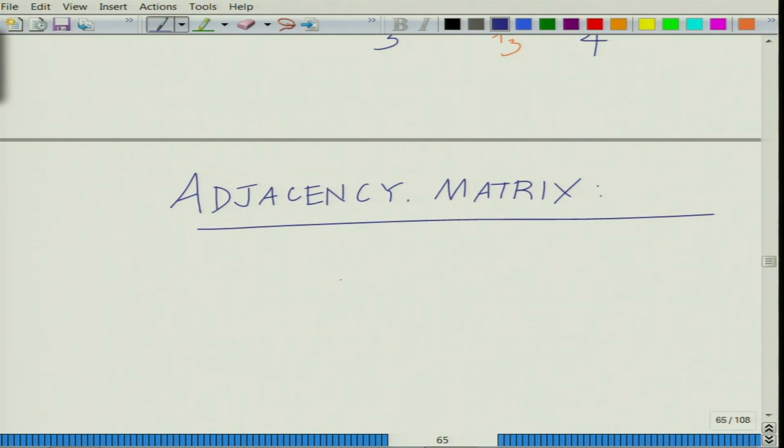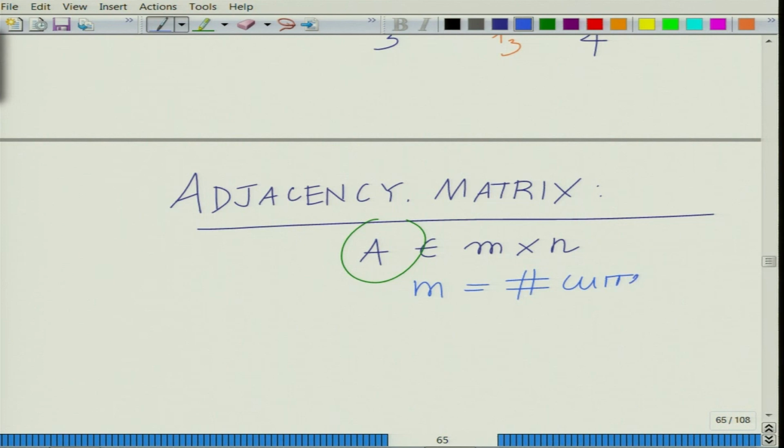What do we mean by the adjacency matrix? You have A of size m cross n, this is the adjacency matrix. What is m? m equals the number of currents or the number of edges in the circuit. What is n? n equals the number of nodes.